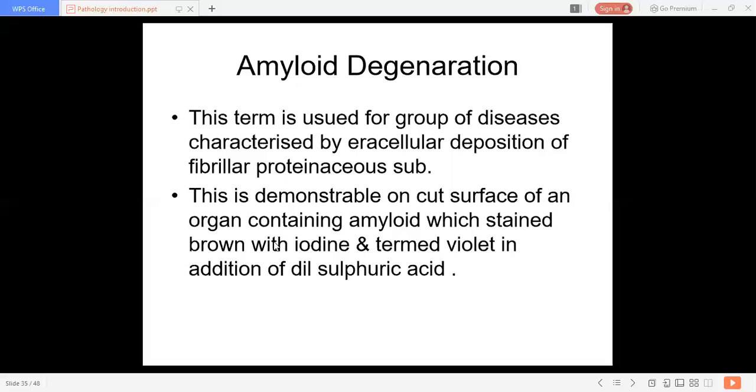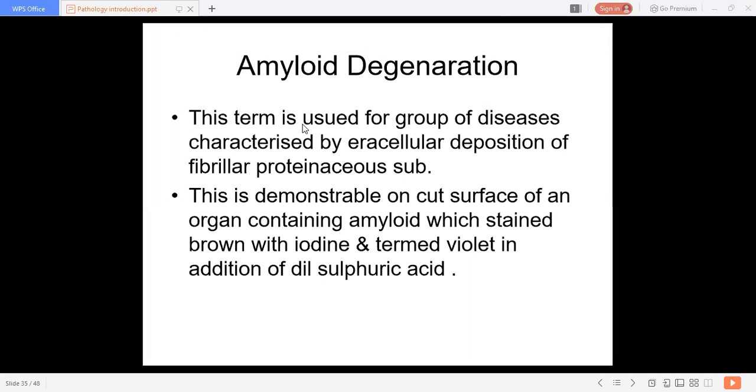Amyloid degeneration is a very important part of degenerative changes. Primarily it is reversible, but secondarily, whenever it becomes chronic, it gives rise to permanent destruction or changes the metabolism of the organs where the amyloid is deposited.